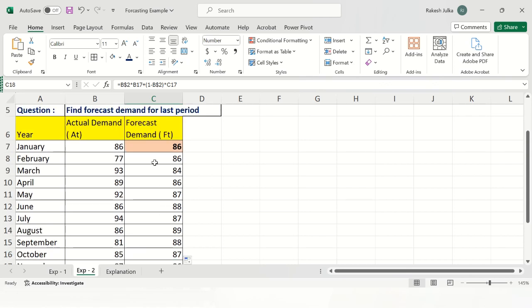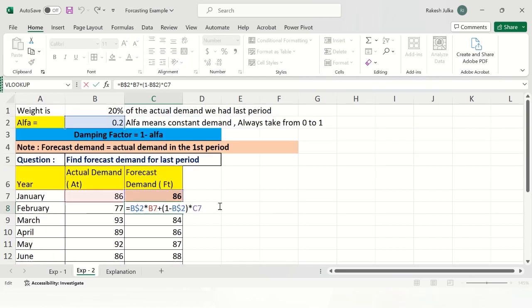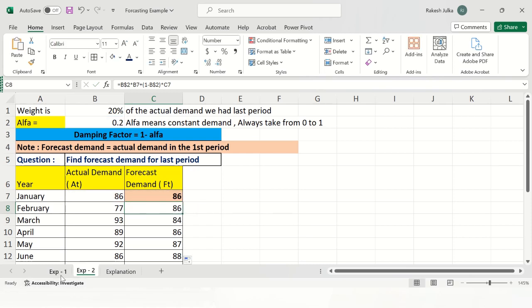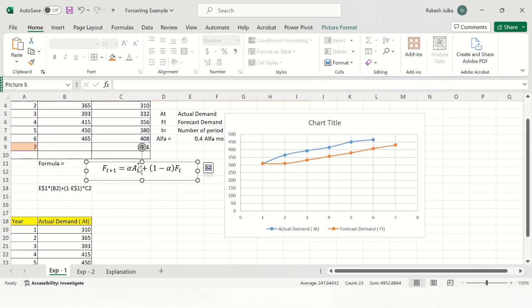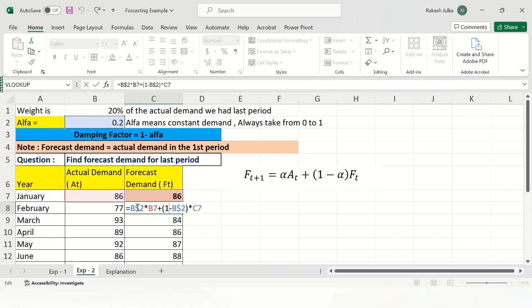Let's figure out whether we have done it correctly. Double click here, and for your convenience I just want to put the formula here. This is the formula, and I can verify whether we have put it correctly. Look at this, B2: this is alpha, 80 actual demand, right?